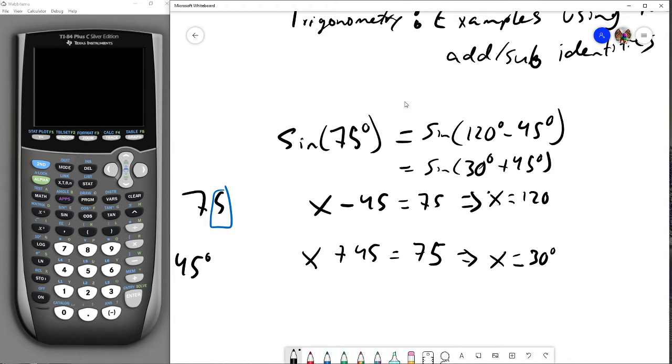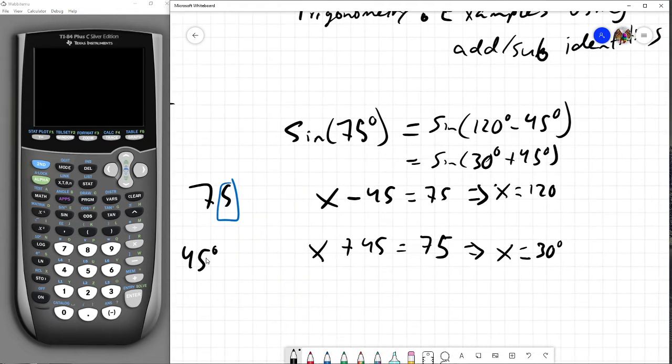So notice we have two ways of thinking about this, and you can probably figure out more combinations than just that. I just picked 45. You could have picked something like 135, for example, or 225. I mean, there's infinite possibilities you can choose. I just picked what was easiest.